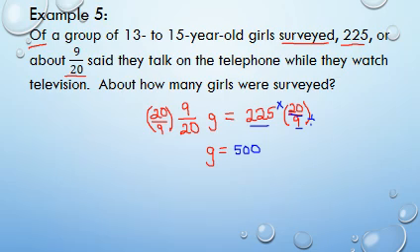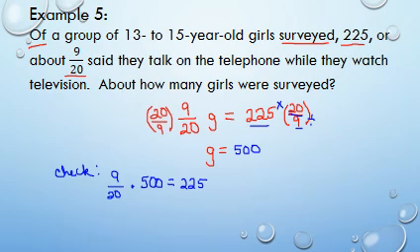And then the last thing you would do is check your answer. We want to make sure that 9/20ths of 500 girls is equal to 225. So once again, you can do this in your calculator.